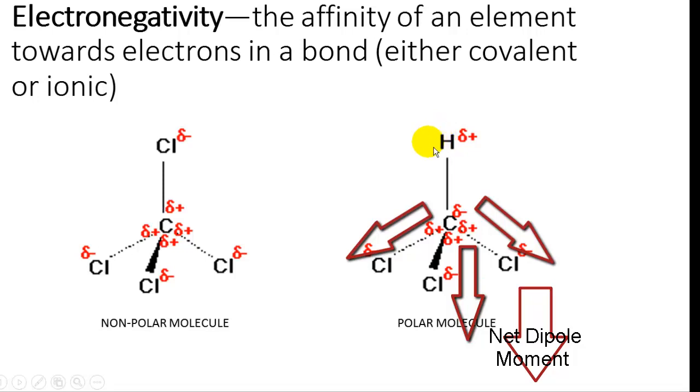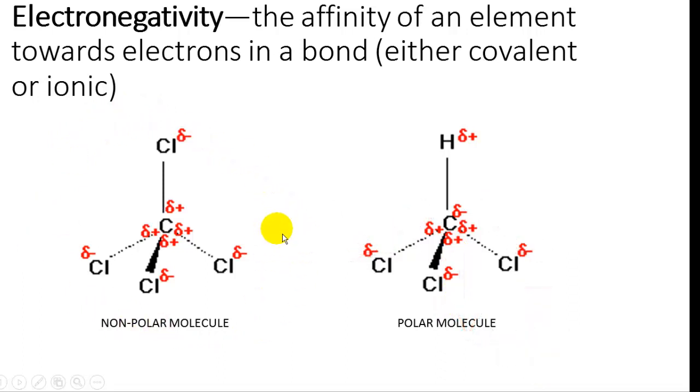Usually the most electronegative elements are the fluorines, the oxygens, the nitrogens, the chlorines and the sulfurs. These are the p block elements going from left to right in the periodic table. So the net effect is that this molecule has a net dipole moment pointing down. This molecule here on the left has no net dipole moment. Since this has a net dipole moment, the Cl is pulling electron density more towards itself.